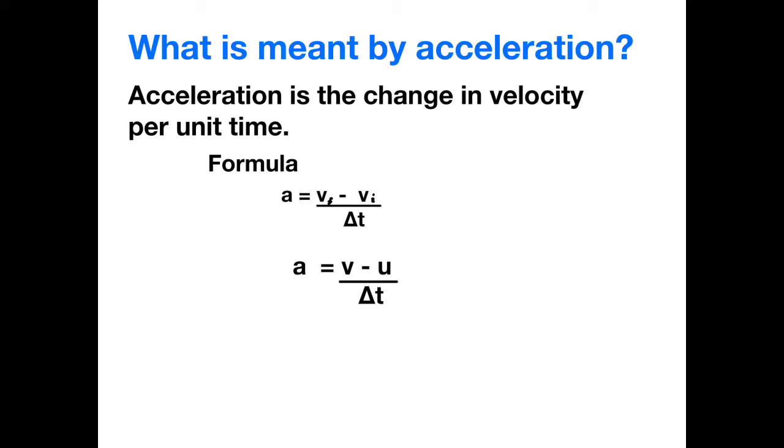Remember that Vf or V represents the final velocity, Vi or U represents the initial velocity, whereas delta t represents the time interval. The unit for acceleration is meter per second squared.